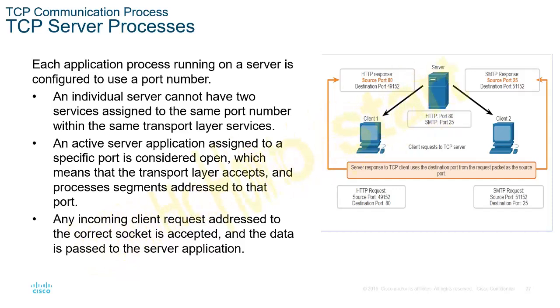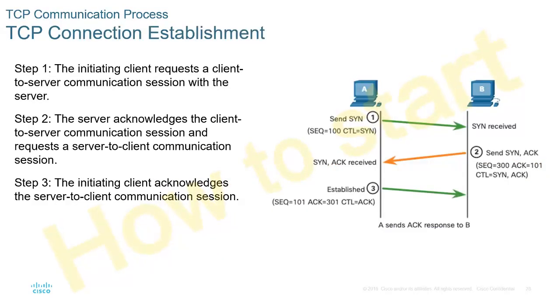There is a session connection with TCP. Basically, you establish the connection. You do this with a 3-step handshake. First, the initiating client will request a client-to-server communication session by sending a SYN request.